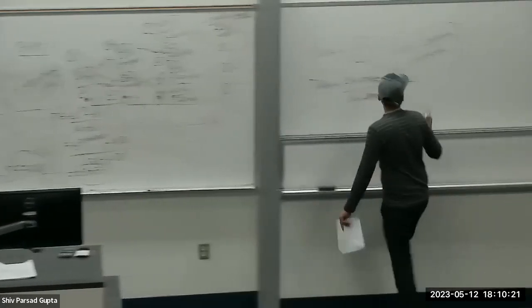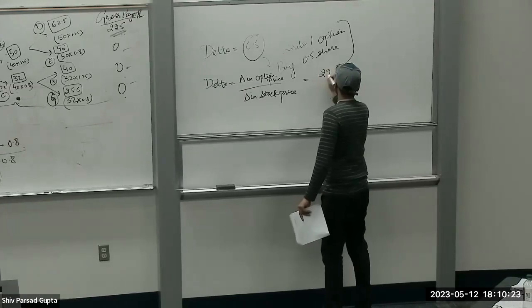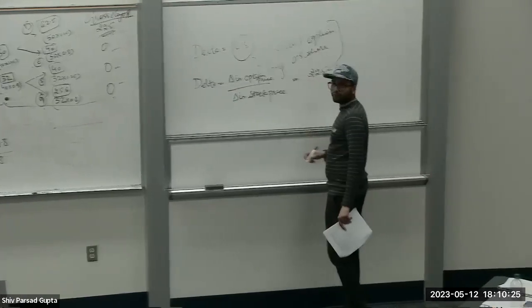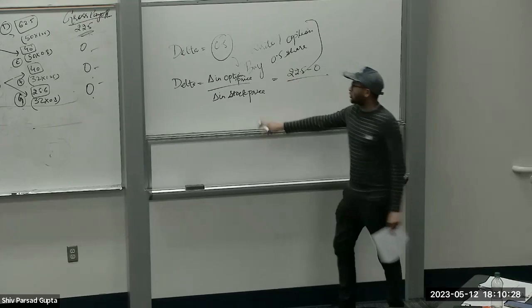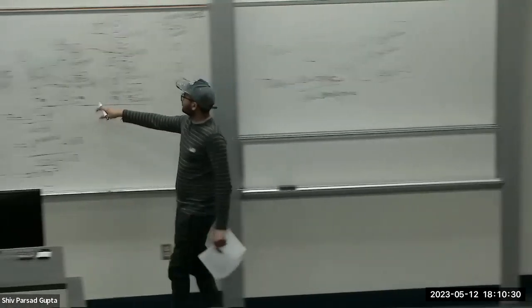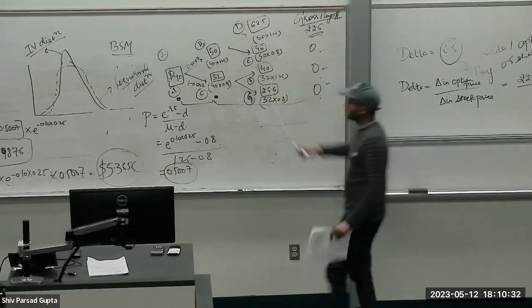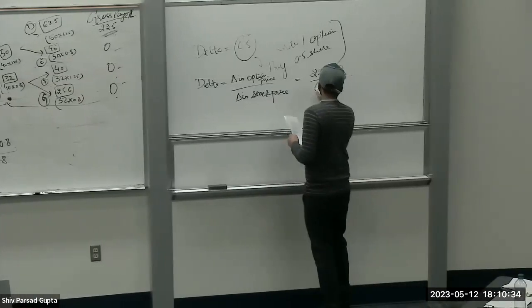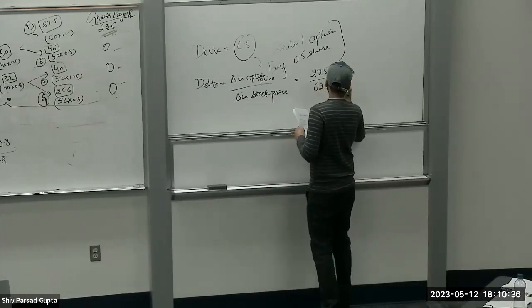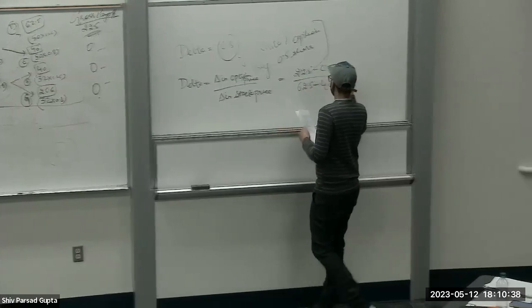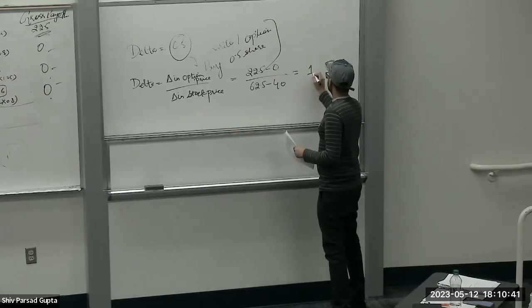So it will be 22.5 minus 0. And the change in the stock price is from 40 to 62.5, so it will be 62.5 minus 40. If you calculate, you will get delta equal to 1.